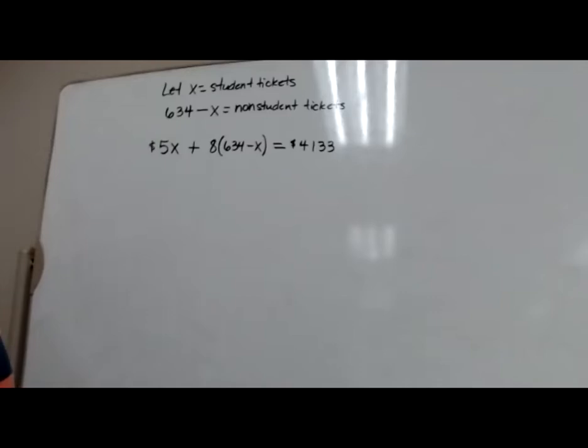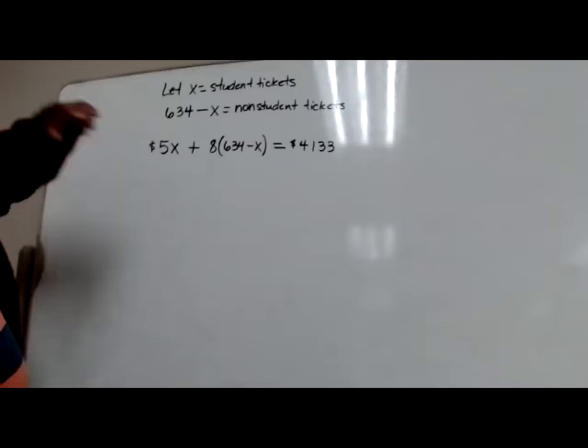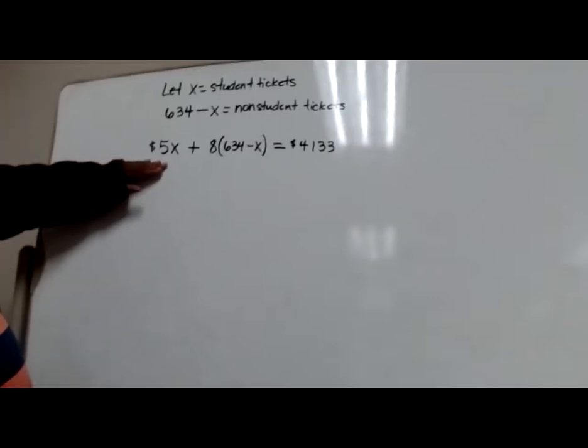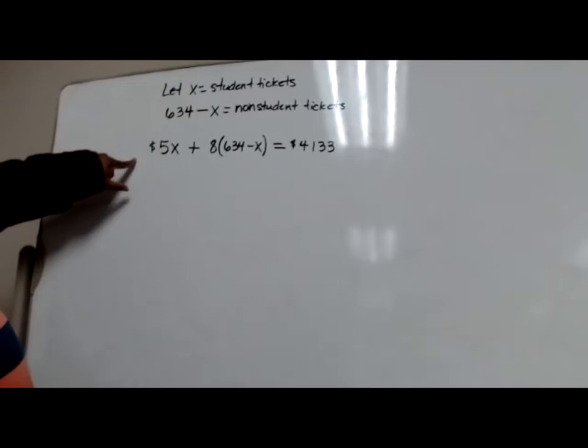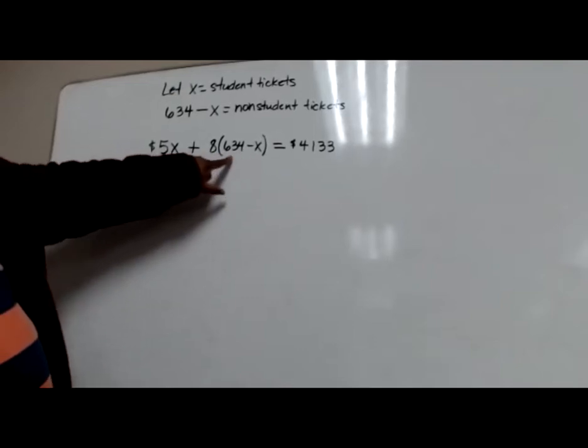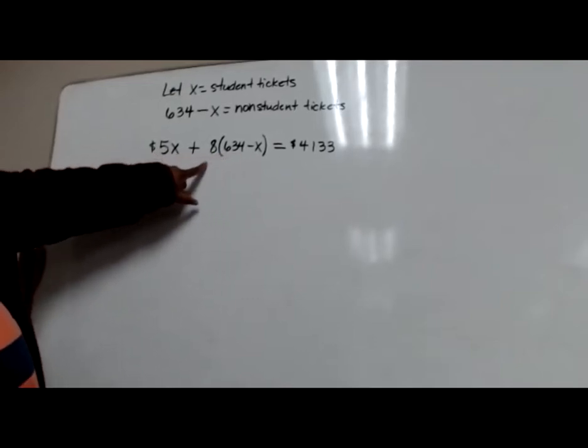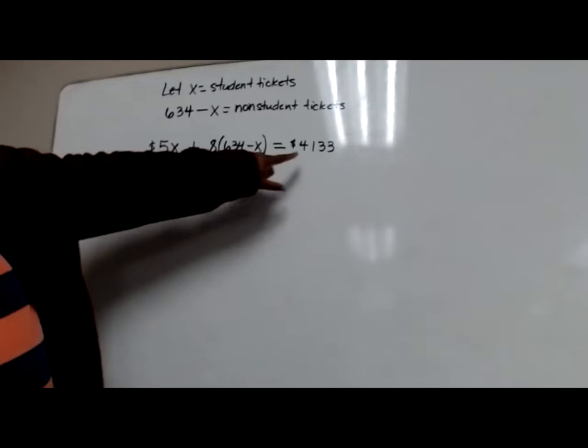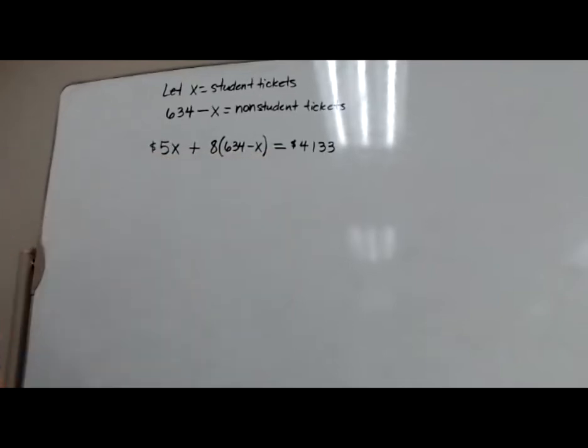Okay. Now, is everyone with me on this? If not, speak now. Okay. Student tickets, $5. The non-student tickets, which is this expression, that's multiplied by $8. This will be the total cost. And that will be the equation that we will use to find out the number of student tickets.